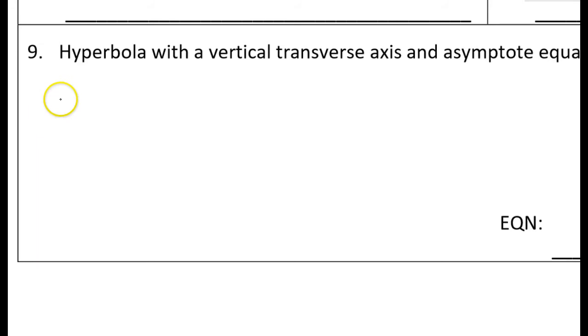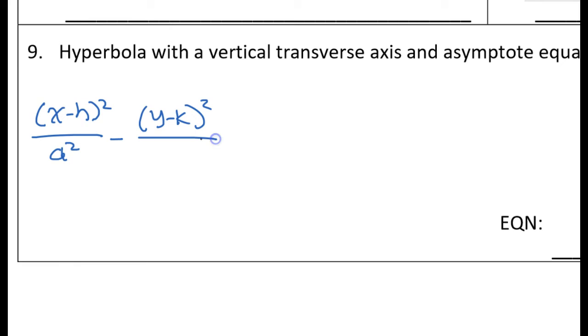So remember, when we talk about the standard form equation of a hyperbola, sometimes we have x minus h squared over a squared minus y minus k squared over b squared is equal to 1. So that's one version of this. But then sometimes we have the y minus k squared first, and then x minus h.